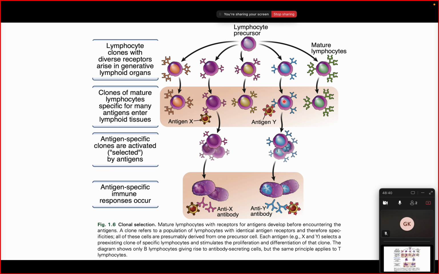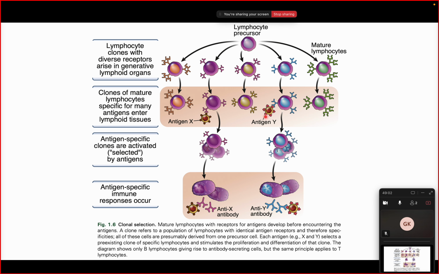This person cannot deal with a person who has a gun, and this person cannot deal with a person who doesn't have a gun. Okay. So by this, only such personnel will be selected which are equipped to deal with an antigen which has a specific type of PAM.